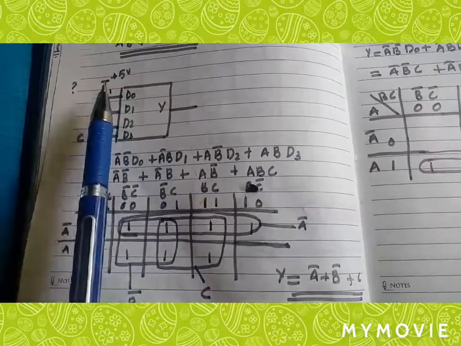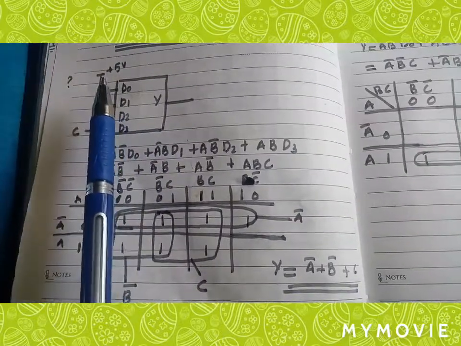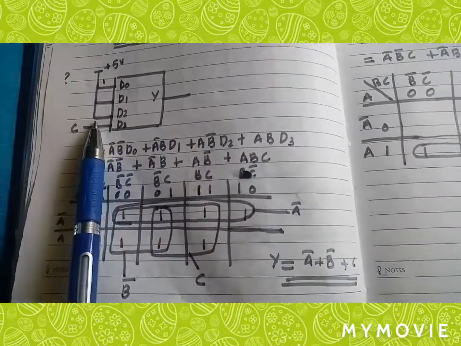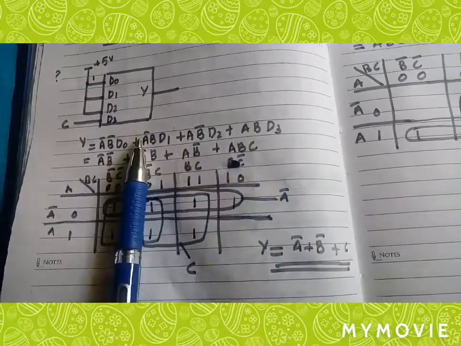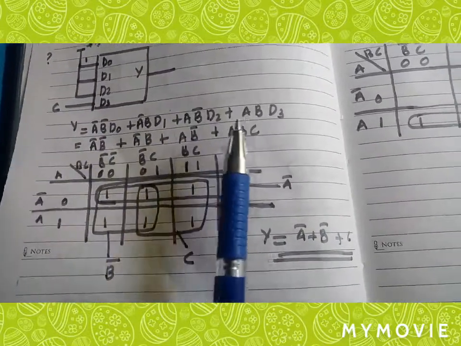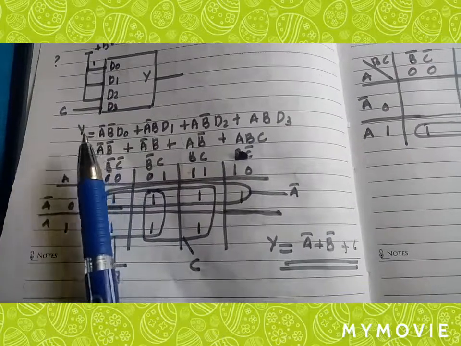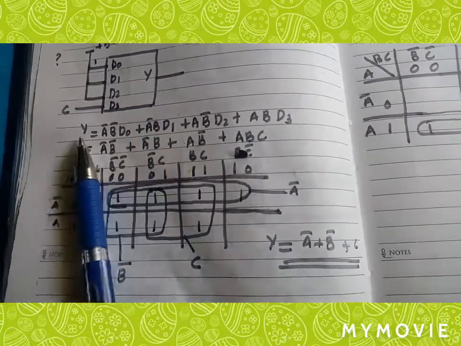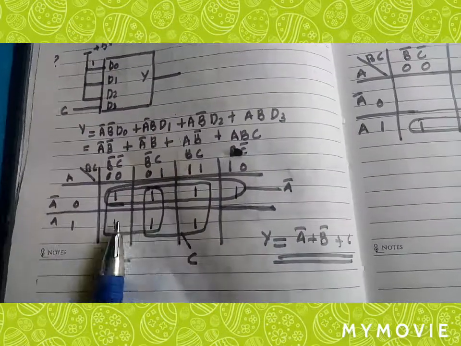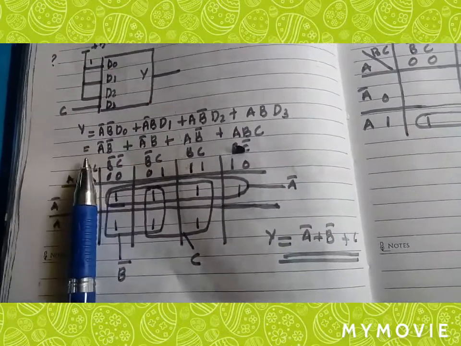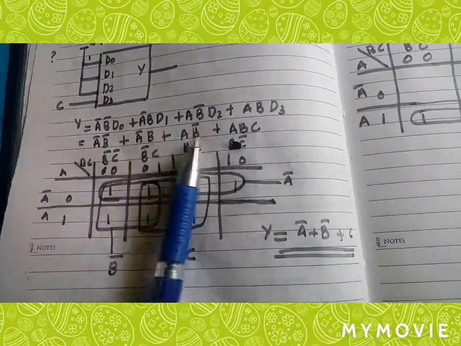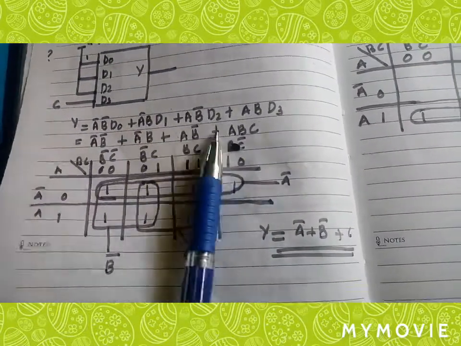So here see, 5 volt input means it is considered as 1, maximum input 1. So we are considering the output formula, that is A bar B bar D0 plus A bar B D1 plus A B bar D2 plus A B D3, and substitute the 1s and the C. So we get the expression like this, and we can find the Karnaugh map in which we just put 1s for the terms which are present: A bar B bar, A bar B, A B bar and ABC.